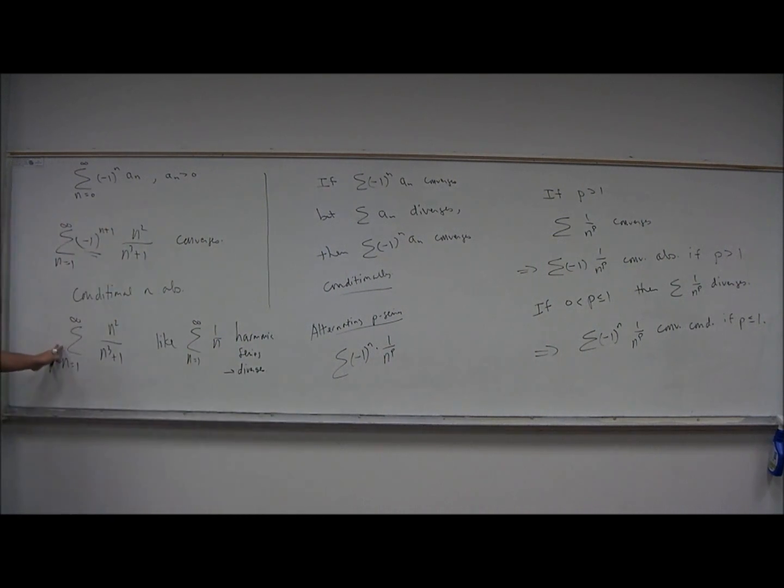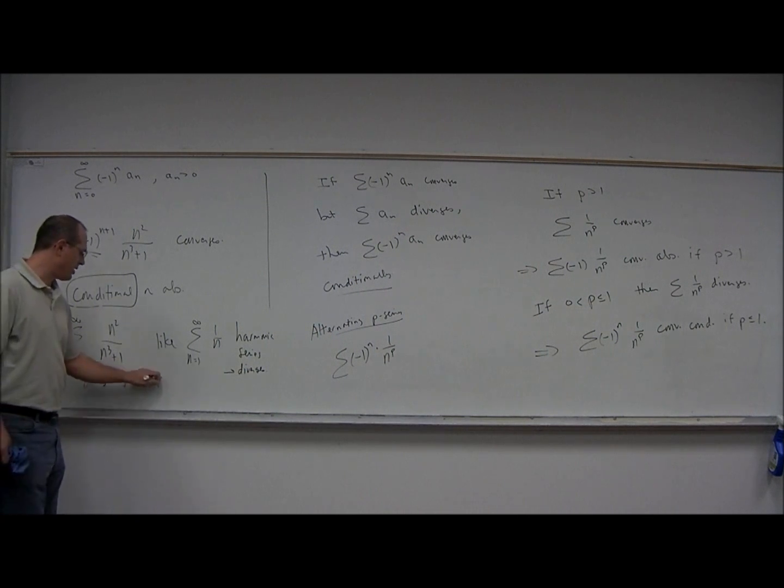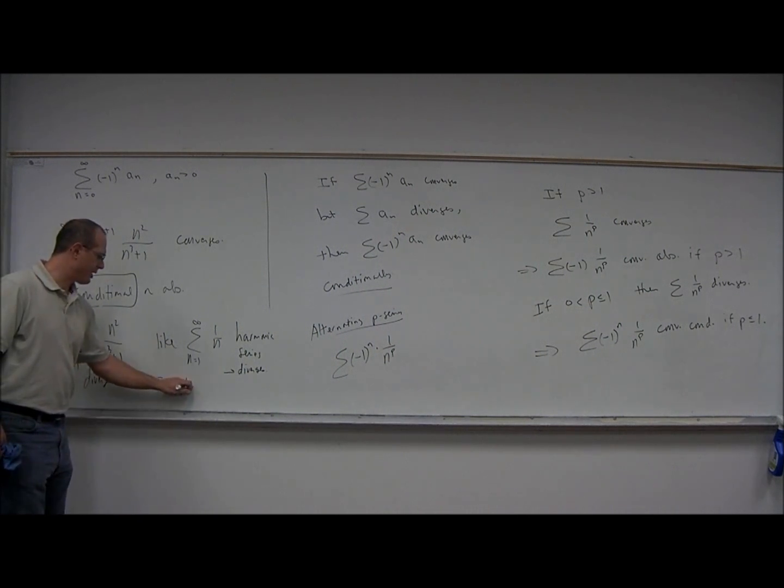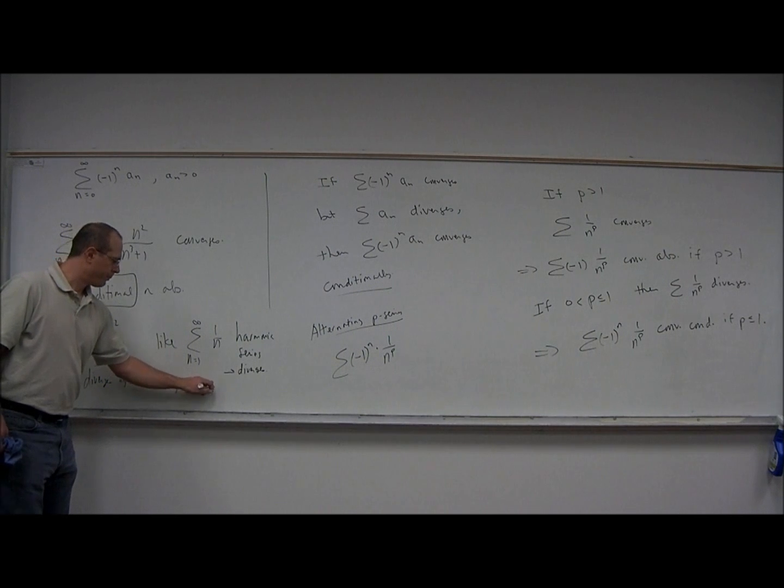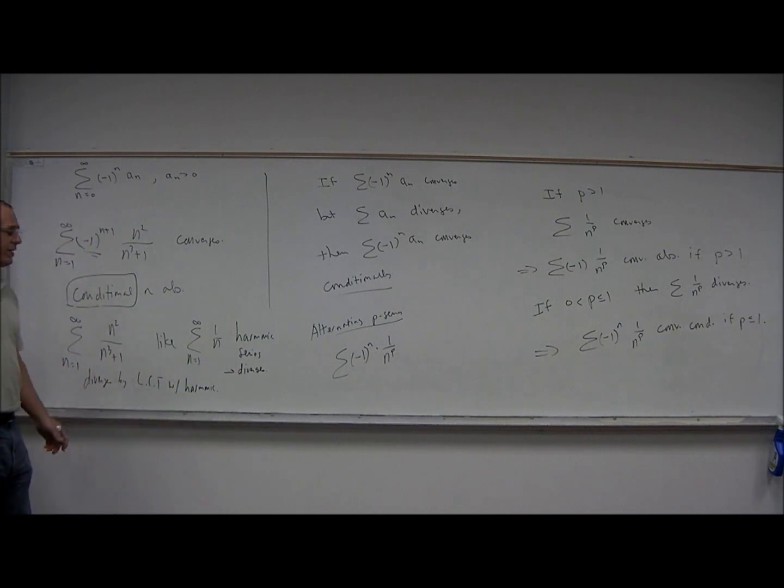So to see that the convergence is conditional, we need to show that this series diverges. We could use the limit comparison test with the harmonic series. I won't go through the details here, but if we use the limit comparison test with the harmonic series, then we will conclude that this series diverges.